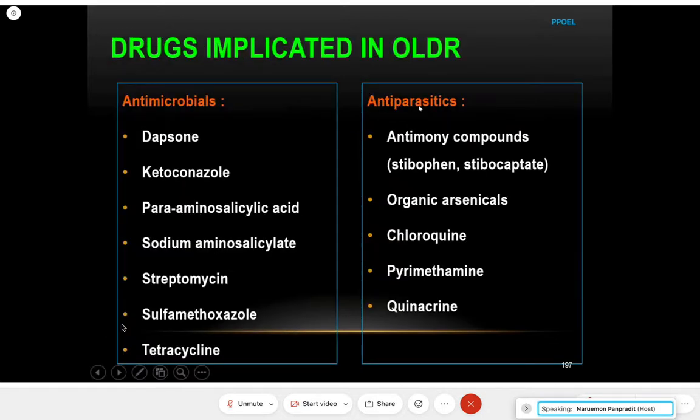These are the names of drugs that have been reported, which after the patient takes them can generate an oral lichenoid drug reaction.